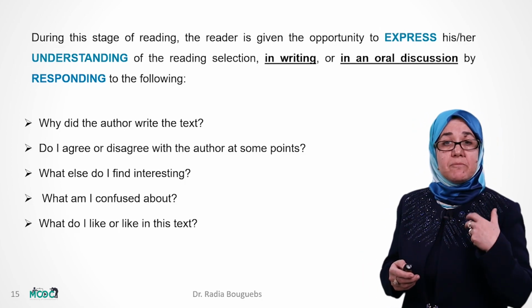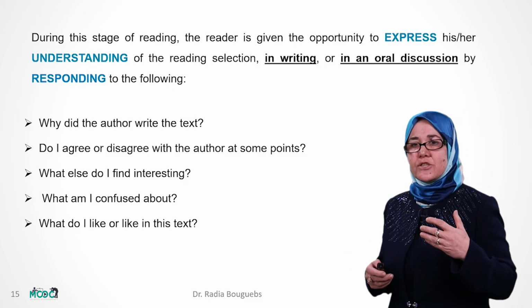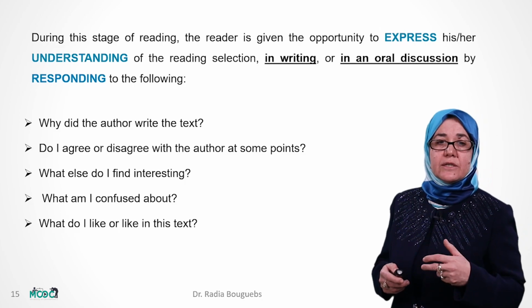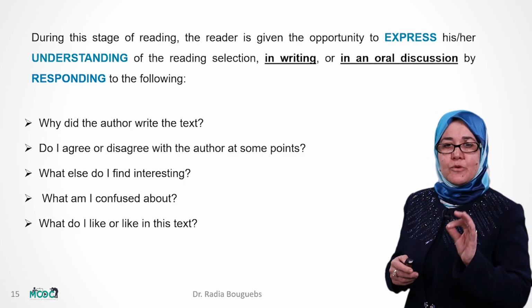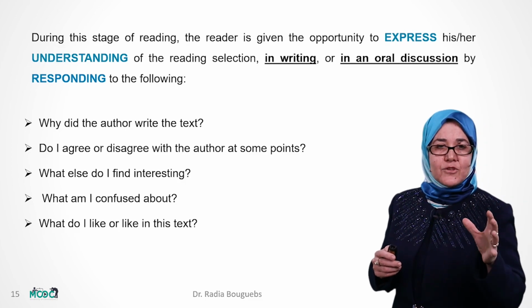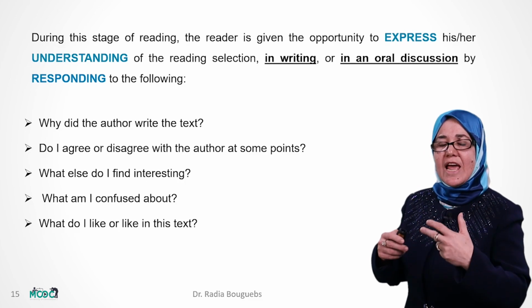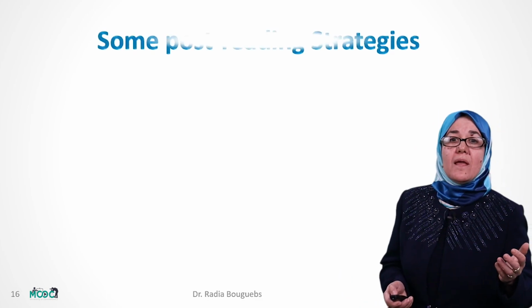Sometimes we end our reading with a kind of confusion as far as certain ideas included in the text. And of course, the most important thing, what do I like or dislike in this text. This, of course, will help me to carry on reading this author or just stop reading.